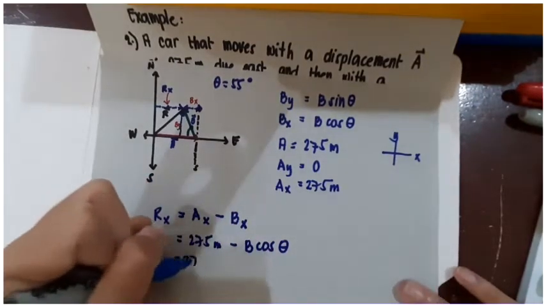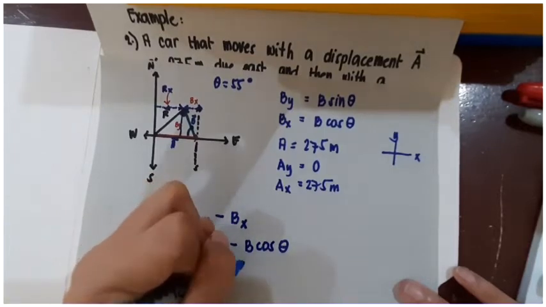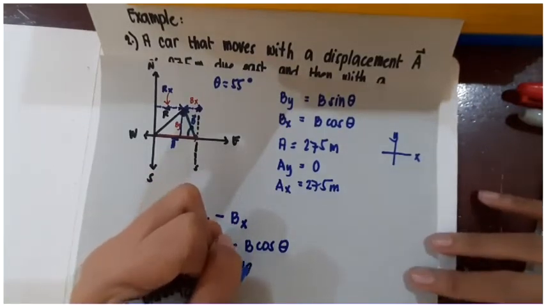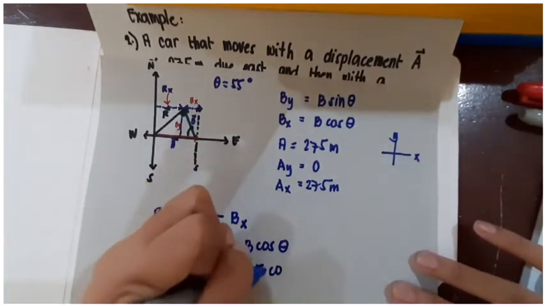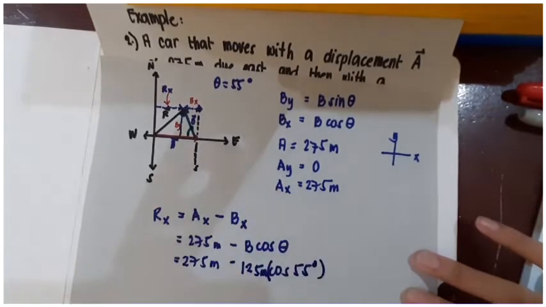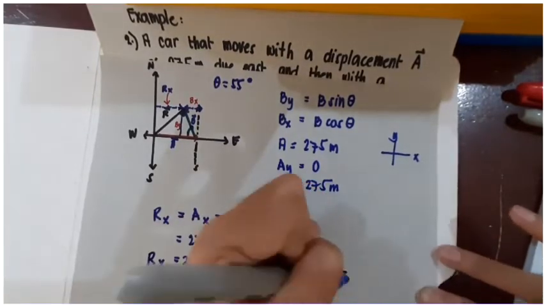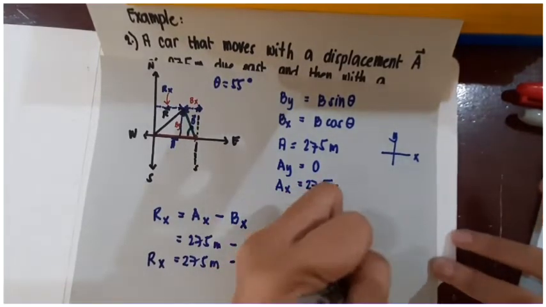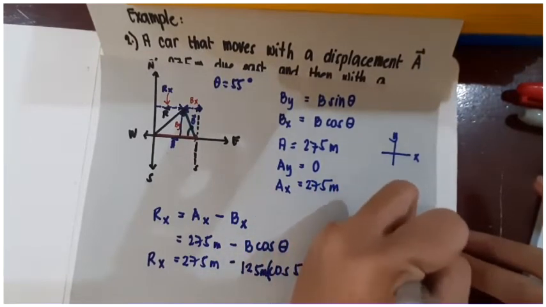Or 275 meters minus, your b is 125 cosine 55 degrees. So if you solve this one, you will get 203.33 meters.